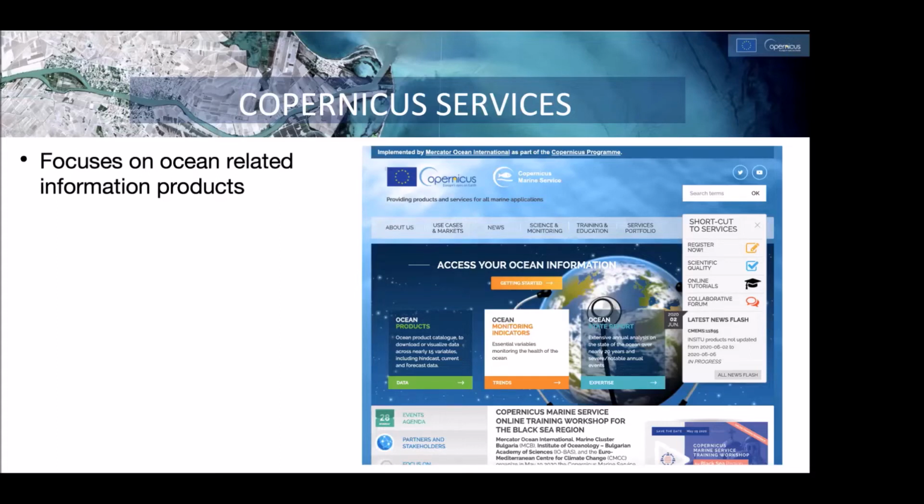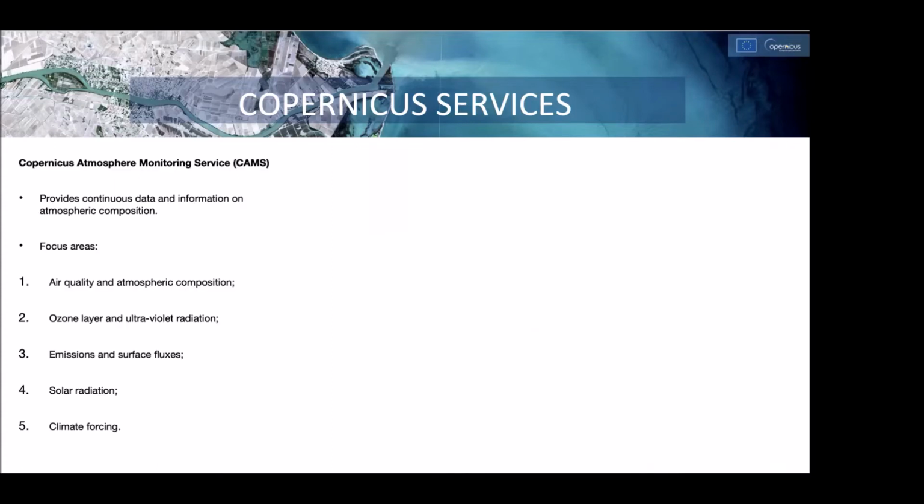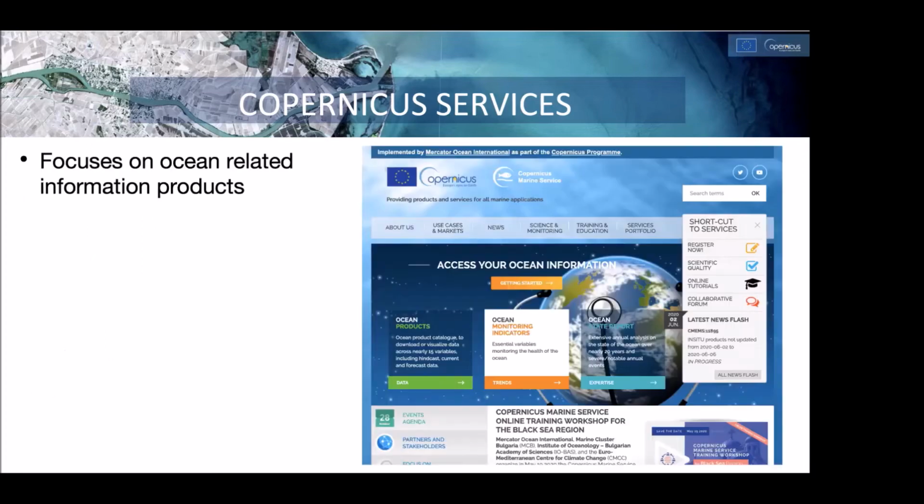This basically focuses on ocean-related information and products, which is maybe a different field than what most of you are looking for. But I did hear people talking about glacial movement, ice movement, degradation. These are the kinds of things that you can potentially find here, okay?